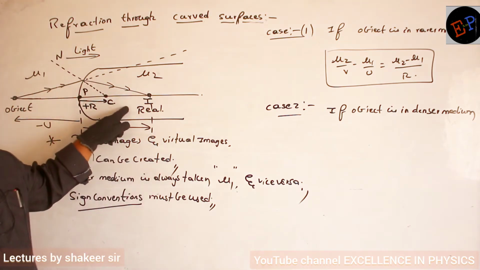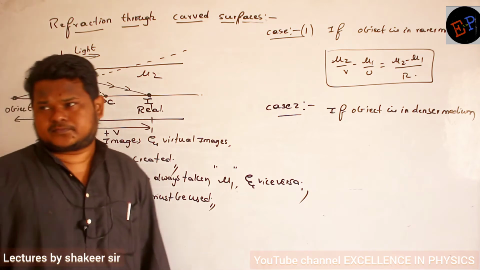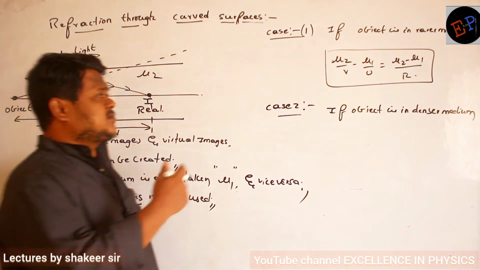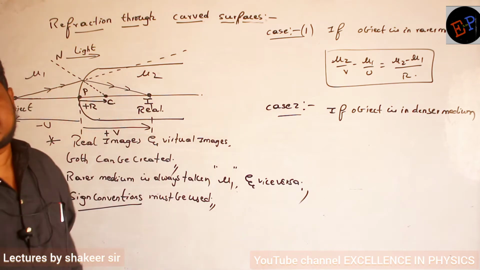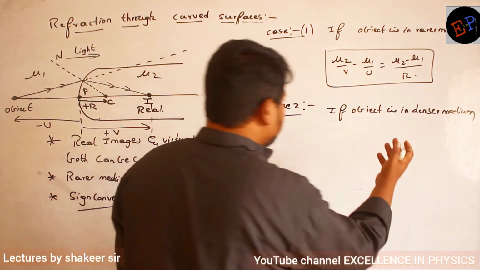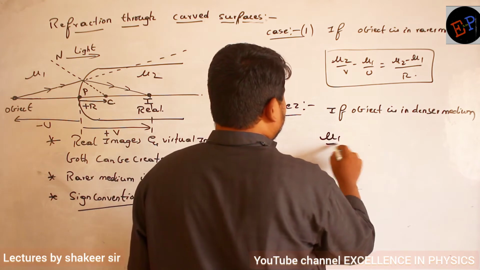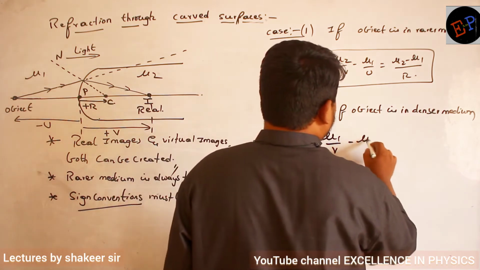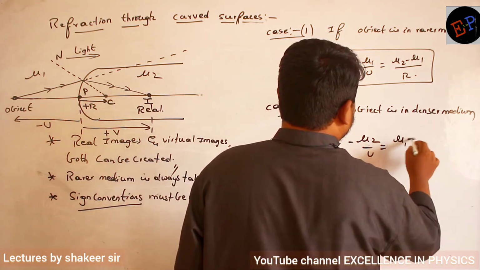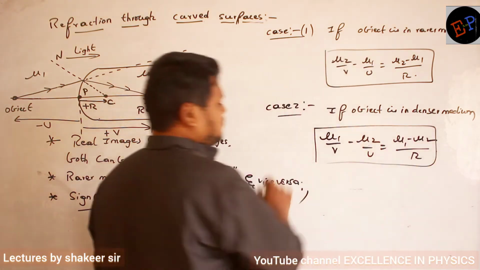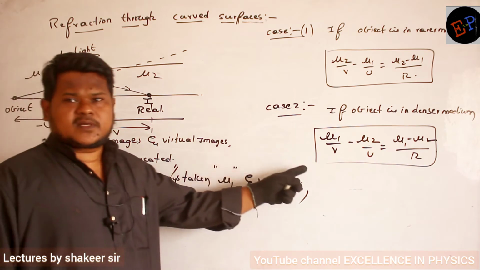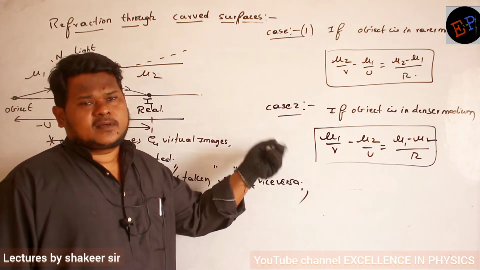In that condition, what you are supposed to do, just interchange mu1 and mu2 values, that's all. Interchange mu1 and mu2 values means mu1 divided by v minus mu2 divided by u is equals to mu1 minus mu2 divided by r. So this is the equation. This is for the condition when object is present in denser medium.